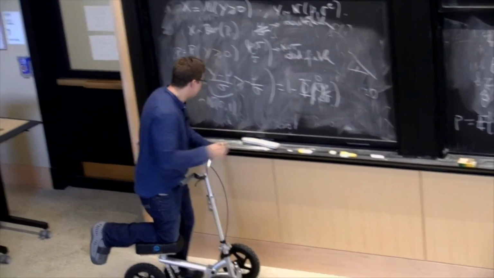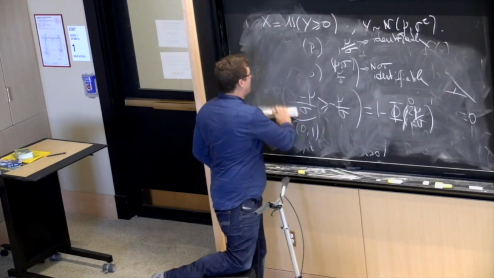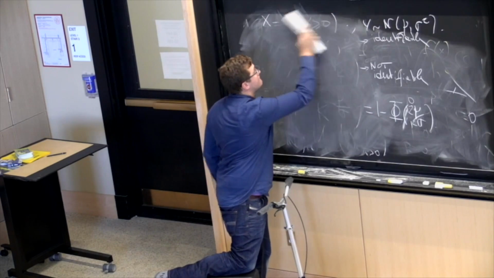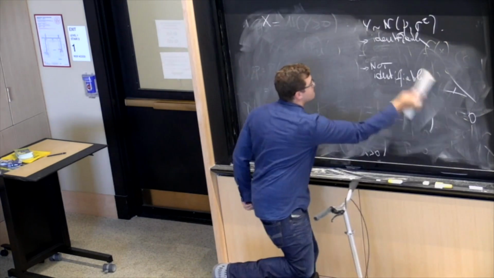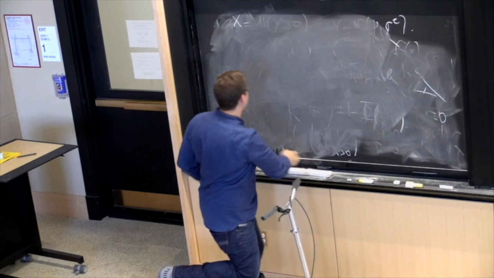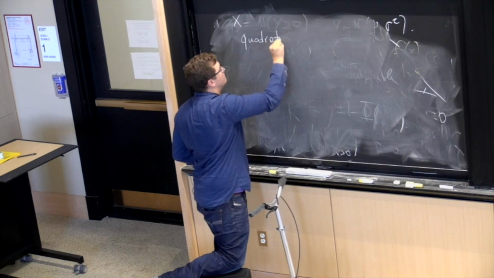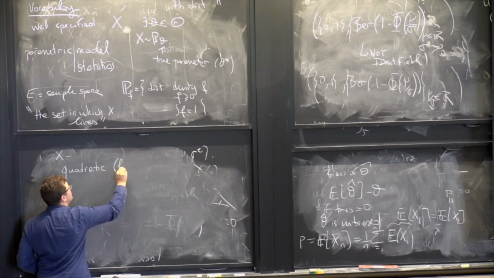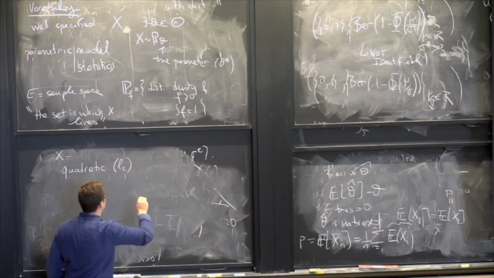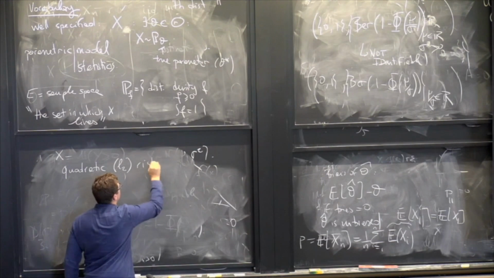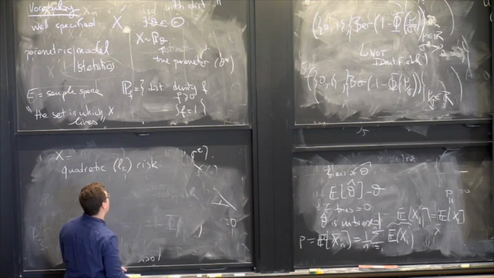So let's look at this. The quadratic risk, sometimes people call it the L2 risk, of theta hat, of course.